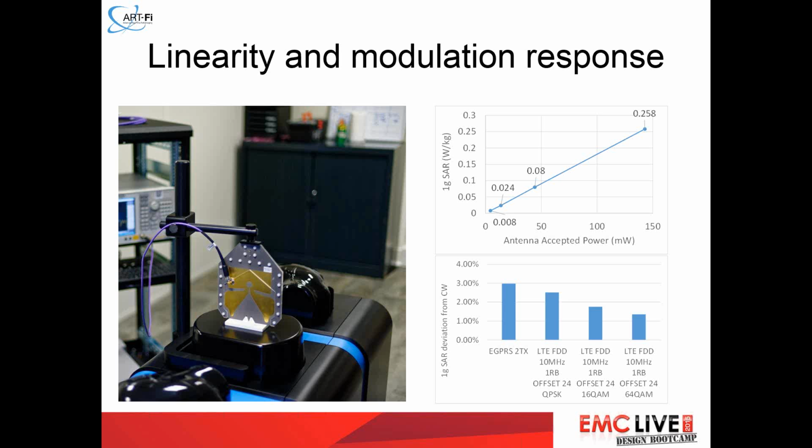But you have to check that the device measuring the SAR will also see the same power when measuring different kinds of modulation. And what you can see from this graph is that the deviation from CW in terms of SAR result is no more than 3%, which is excellent to do the screening with the system.